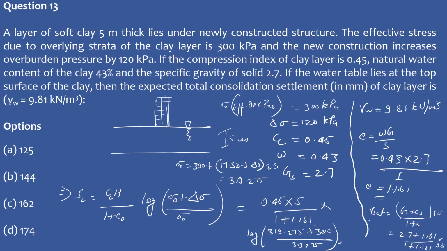Okay, your delta sigma is 120, it's not 300. So yeah, your correct answer is 144.27. So the correct option is option B.